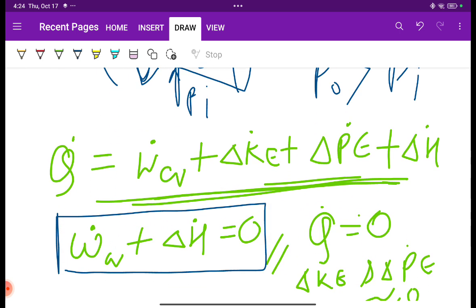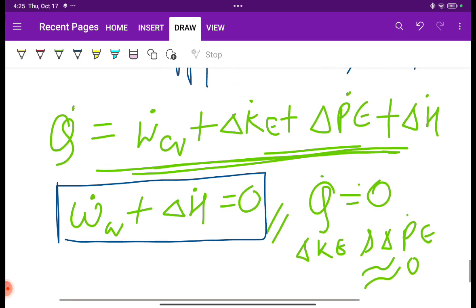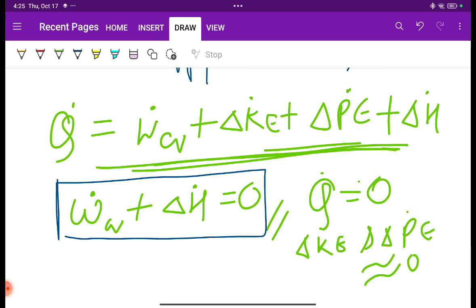And in both cases, turbine and compressor, when insulated and placed in a horizontal direction, the formula is: control volume work plus the rate of enthalpy change is equal to 0, since potential energy and kinetic energy changes are almost 0 and heat transfer is 0.